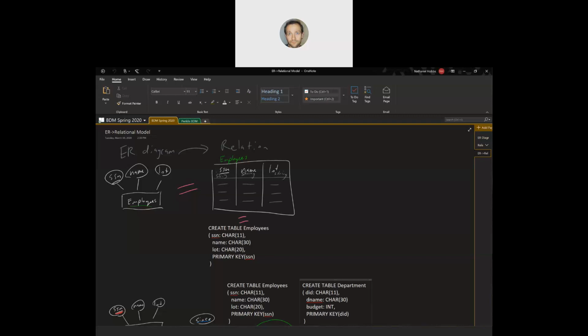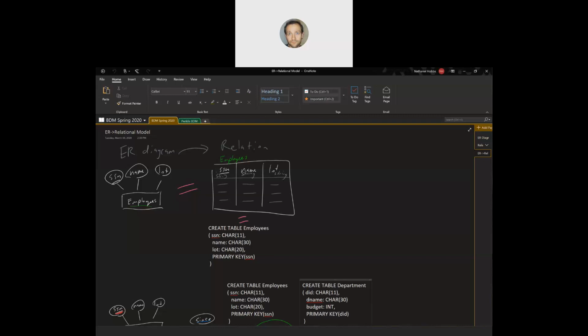Participation constraints are the lines that connect entities to relationships. There are thin lines that mean the entities are unconstrained in their participation. There are thick lines that say you have to have at least one member participating within the set of entities.